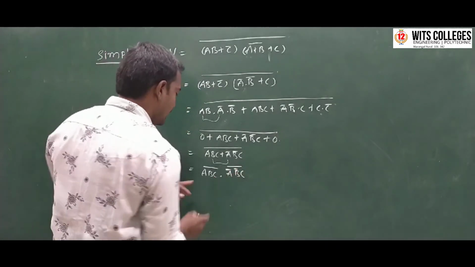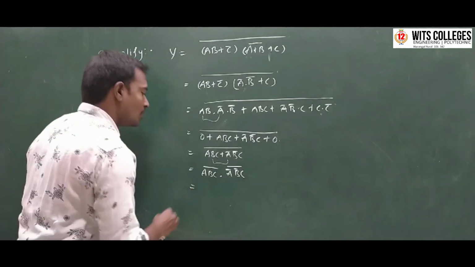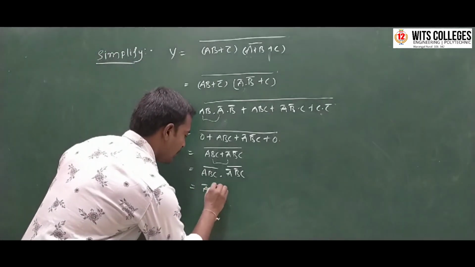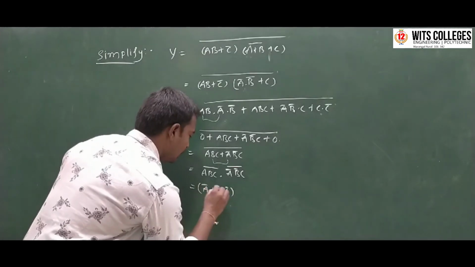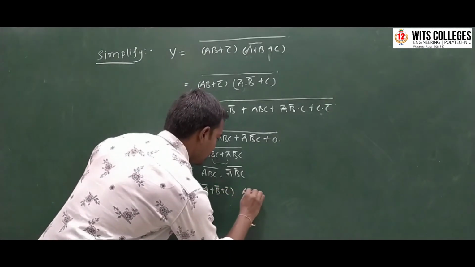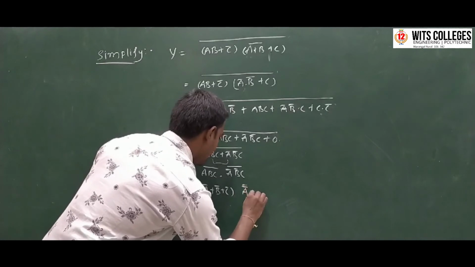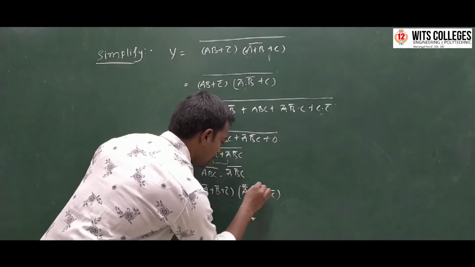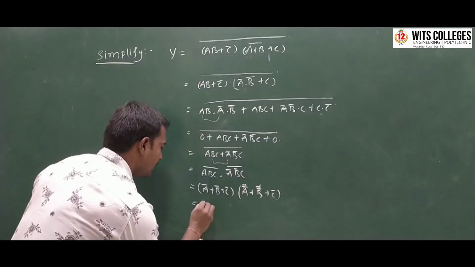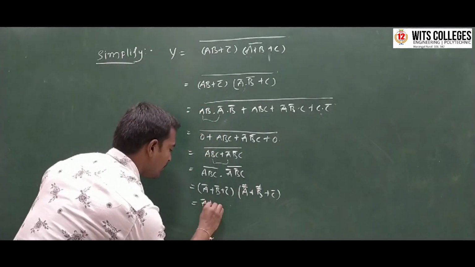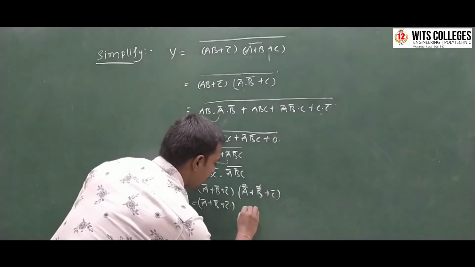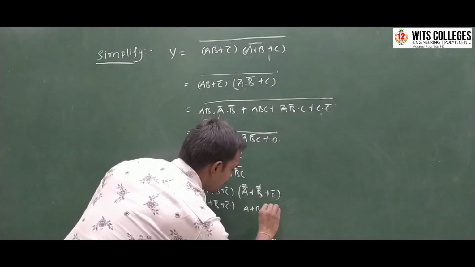Again abc whole bar can be written as a bar plus b bar plus c bar, into a bar whole bar plus b bar whole bar plus c bar. Here both bars are cancelled and finally we will get a bar plus b bar plus c bar into a plus b plus c bar.